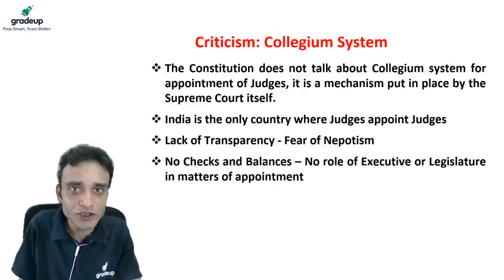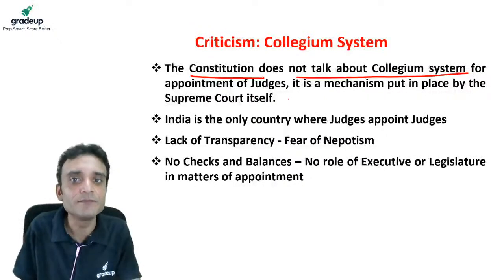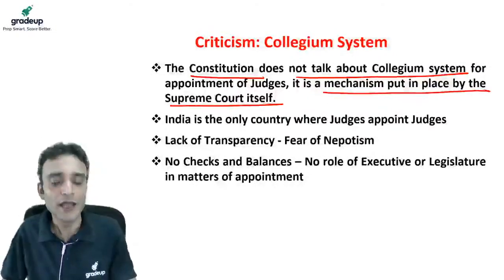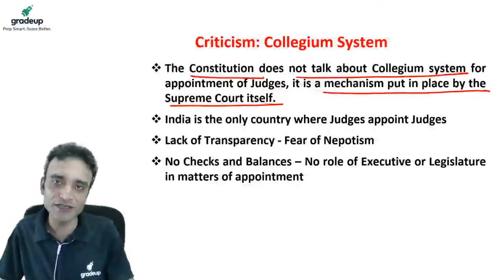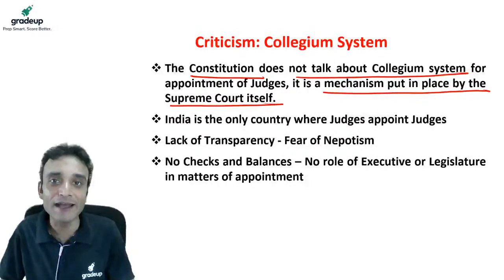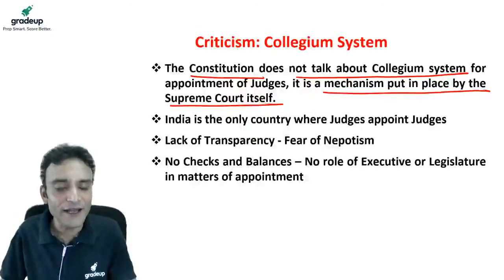The Constitution of India does not talk about the Collegium system. It is a mechanism that has been put by the Supreme Court itself. The original Constitution said that the judges of the Supreme Court and the High Court shall be appointed by the President after consultation with the Chief Justice of India.